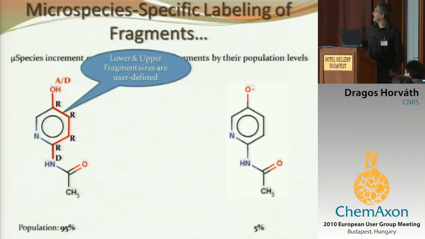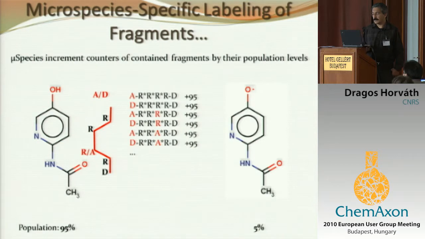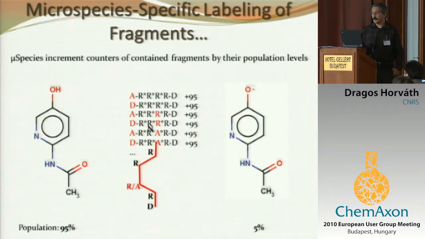You have multiple properties in one atom. Again, lower and upper sizes are user-defined. And this sequence will produce 2 fragments, both with an acceptor and a donor. And the fragments will be counted at plus 95, equal to the population size. This other one, which has an aromatic and acceptor, will populate 4 fragments in my descriptor space.